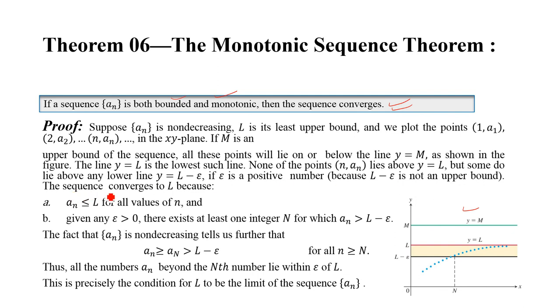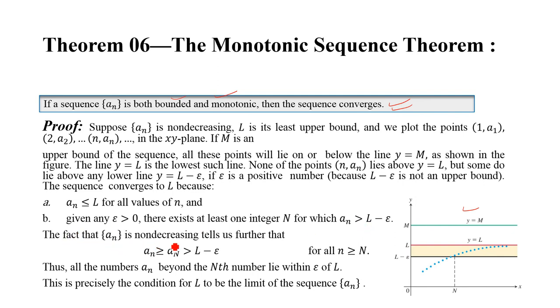So the sequence converges to L because a_n is less or equal to L for all values of n, and given any epsilon greater than 0, there exists at least one integer N for which a_N is greater than L minus epsilon.